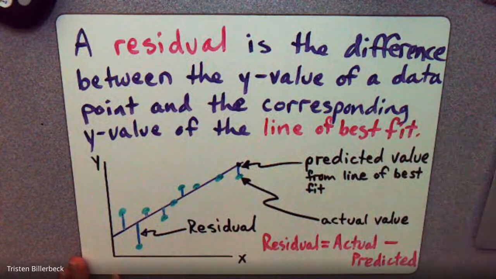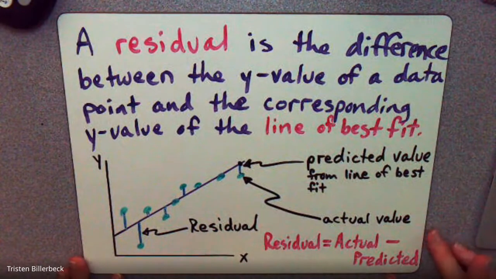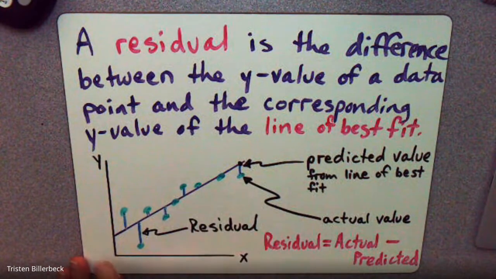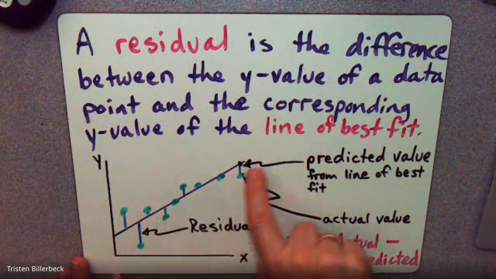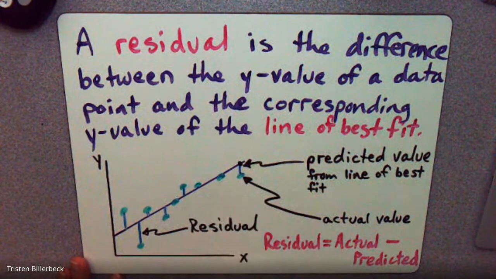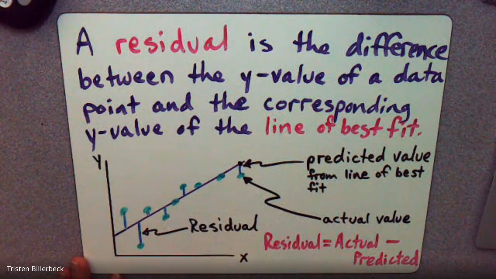Okay, so when you're out there taking your actual data, hopefully very unbiased data, and you find your line of best fit, the residual is this difference between your actual data and this line of best fit, which is like the average trend of your data, where you might have 2 or maybe 3 points on the line of best fit.